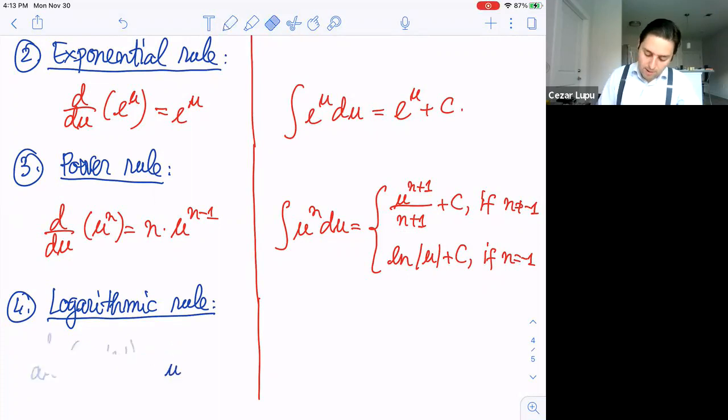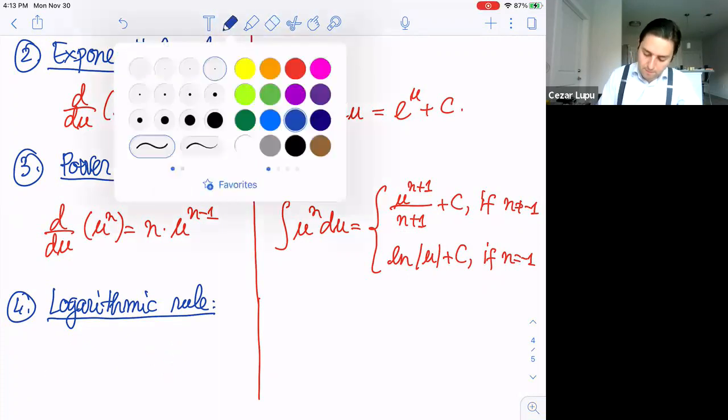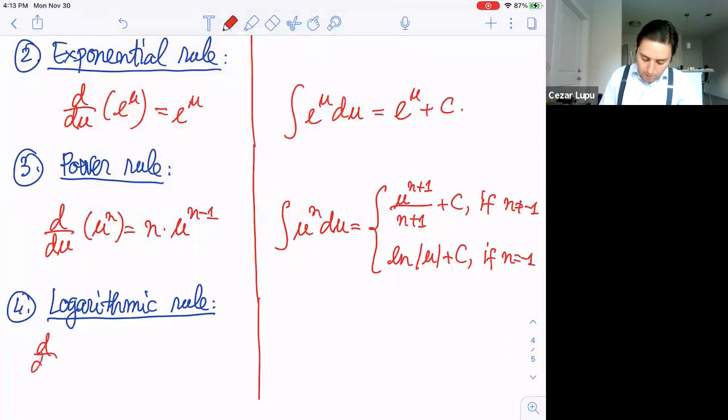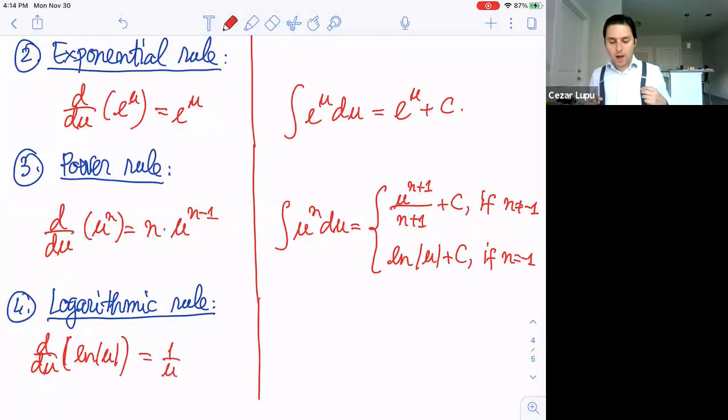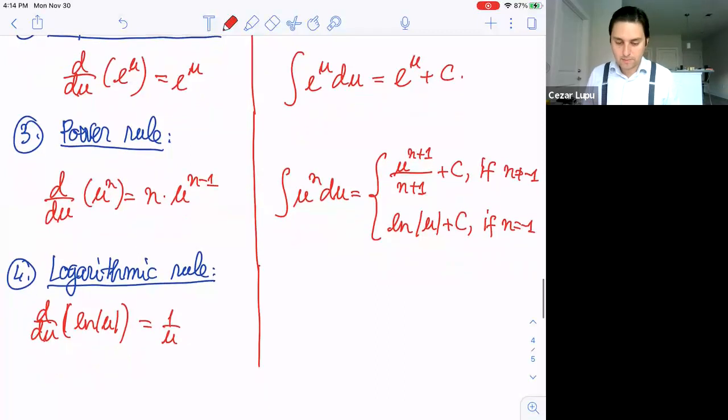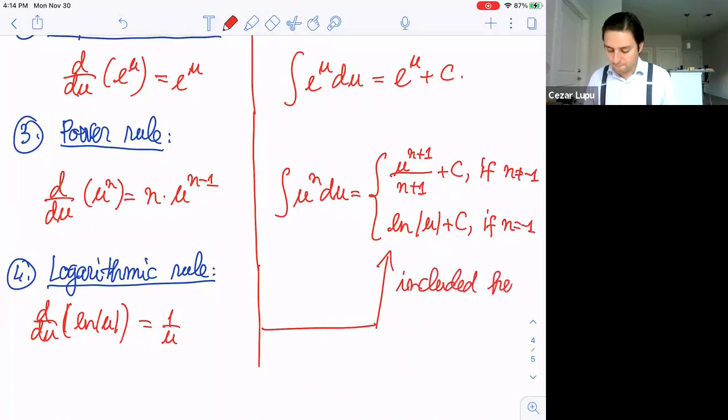In fact, let me write it with red. So d over du of the natural log of absolute value of u, right? This will be nothing else than just 1 over u. But now if we want to integrate, it is included in the above rule, right? As you can see. So included here.